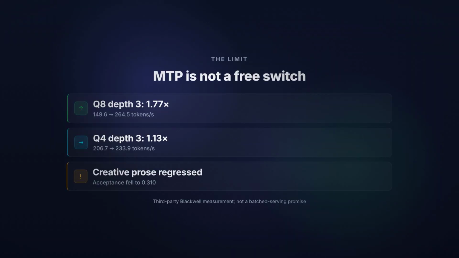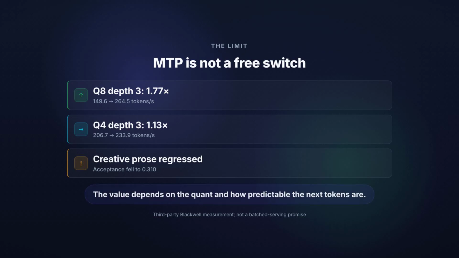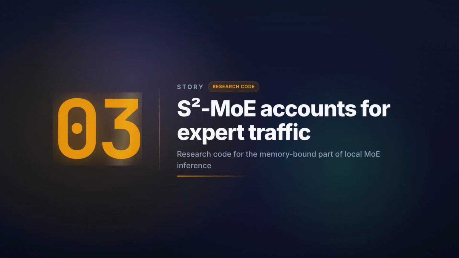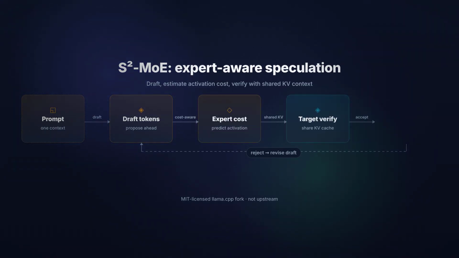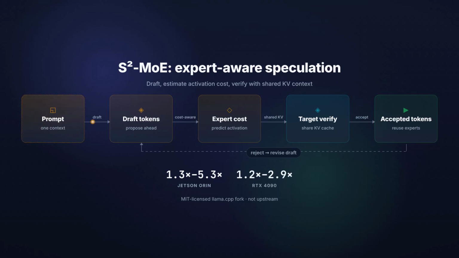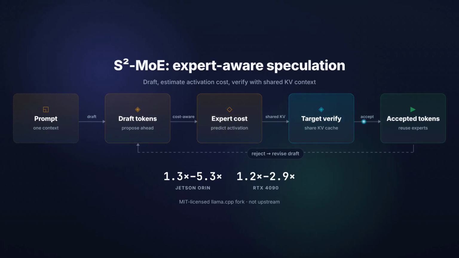That is the constraint S-squared MoE targets for mixture of experts models. Normal speculation can wake a different set of experts for each bad draft, and on an offloaded model, that traffic can cost more than the draft saved. S-squared MoE estimates activation cost, then favors experts already active in the batch, and shares the target KV cache with the draft.